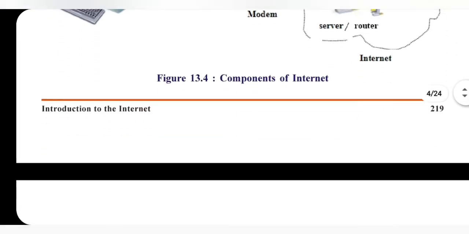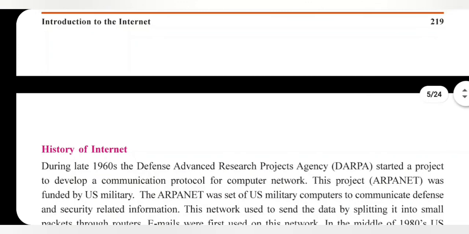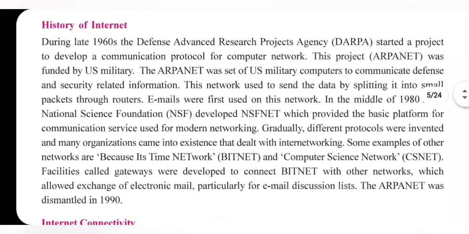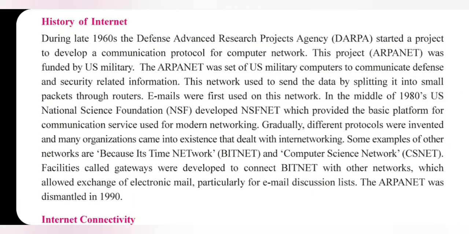Next, we are going to discuss the history of the internet. Till now we have discussed the internet, but how was this network established, from where, what is the origin, from where did the concept of network come? That we are going to discuss here.